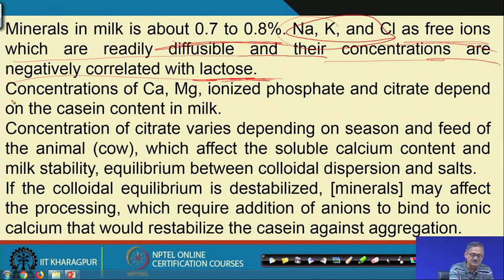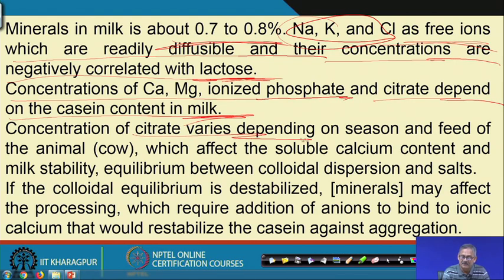The concentrations of calcium, magnesium, ionized phosphate and citrate depend on the casein content of the milk. Concentration of citrate varies depending on the season and feed of the animal, cow or whatever the mammal, which affects the soluble calcium content and the milk stability.